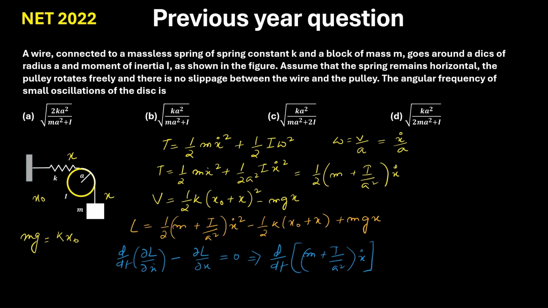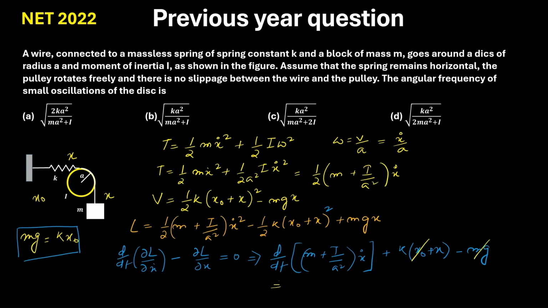Then if I differentiate with respect to x, I will get, sorry, here a square should be there, so minus k x naught plus x, then you'll have plus mg here. Now here I have written the equilibrium condition that mg is equal to k x naught. Because of that, we can cancel this.